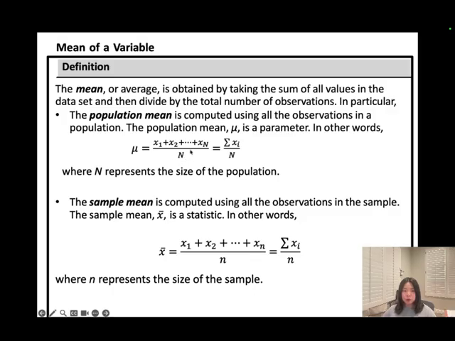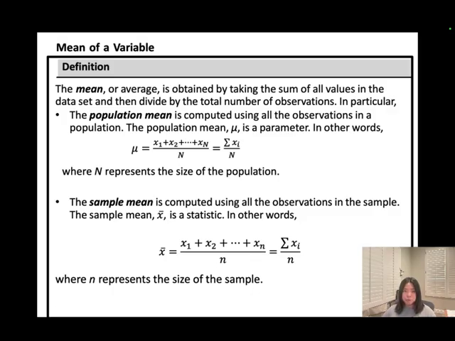The capital letter N represents the size of the population. For the sample mean, we have the same formula. We just use a different notation. So x bar represents the sample mean, and then the sum of all the data together divided by n. And the n here represents the size of the sample.